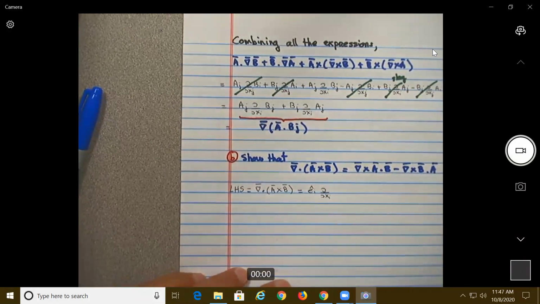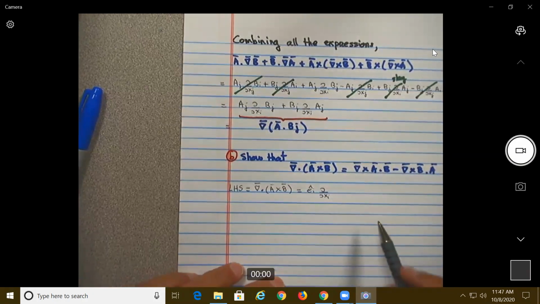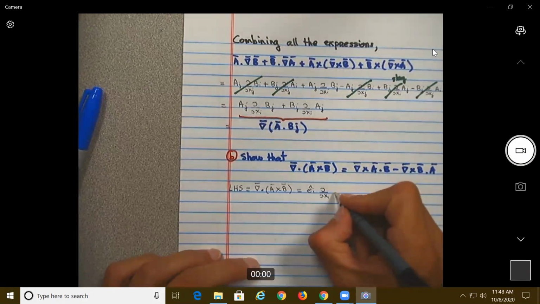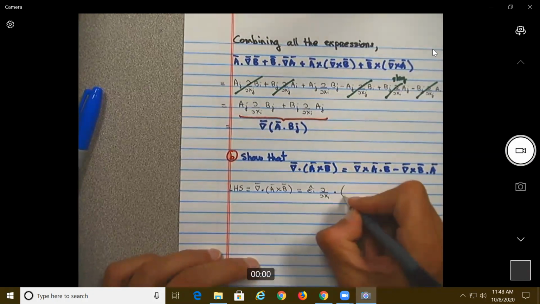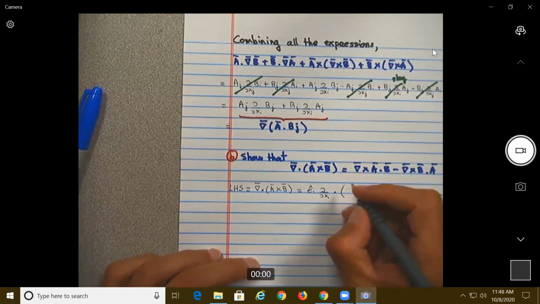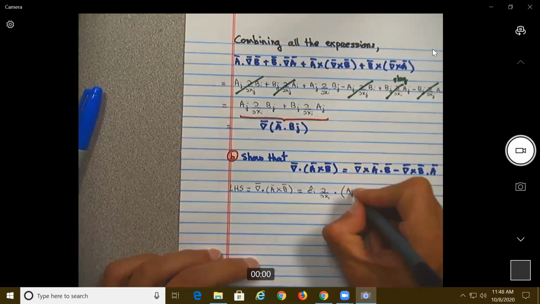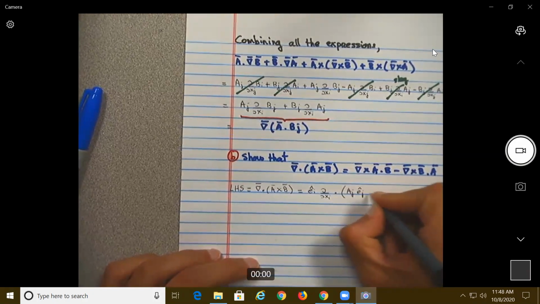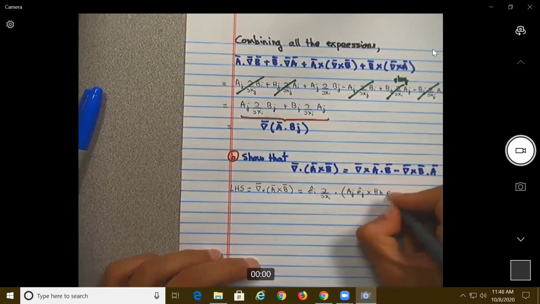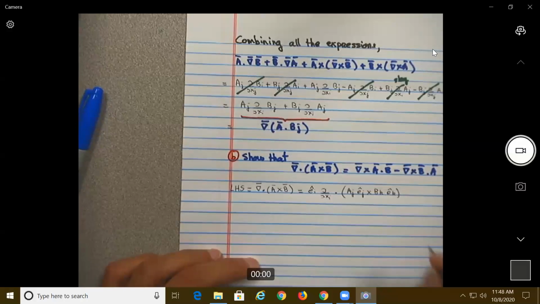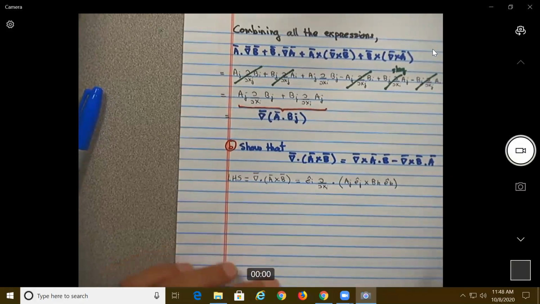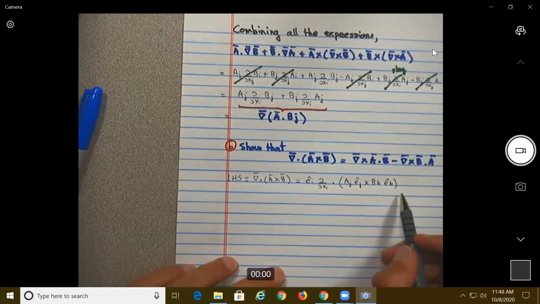Actually, I'm using a different one than the one I have here. And now for this one, looks like I use for A, so aj ej cross bk ek. Okay, so we first do the operation over here inside the parentheses.